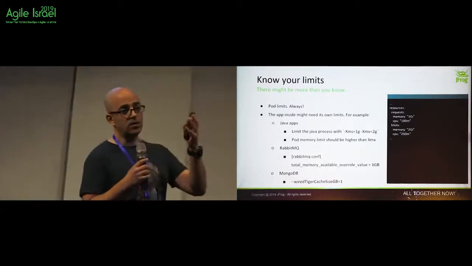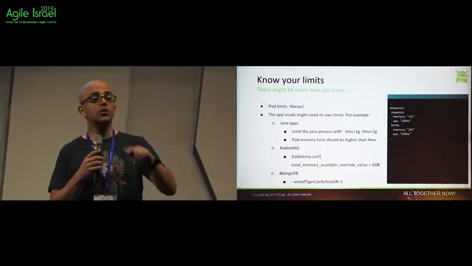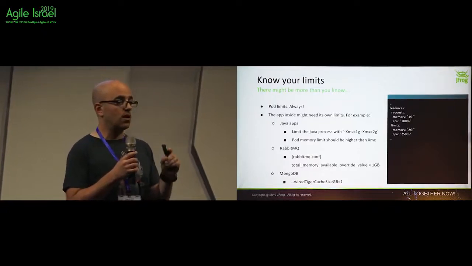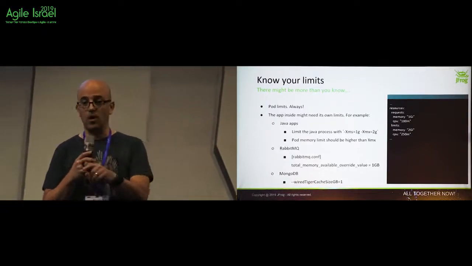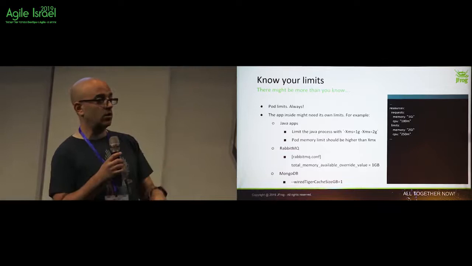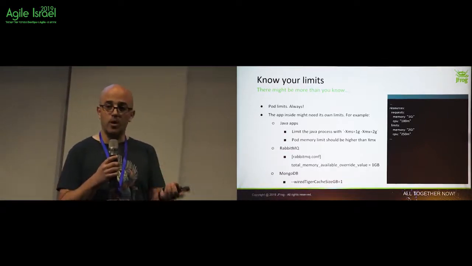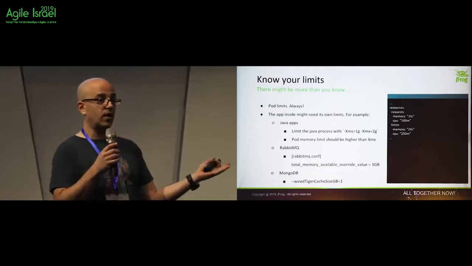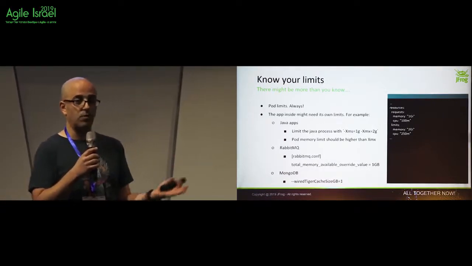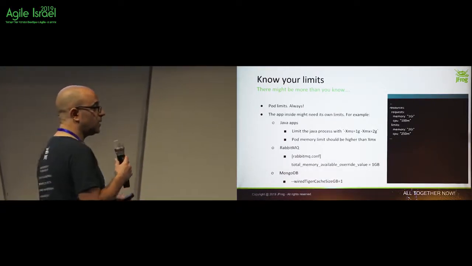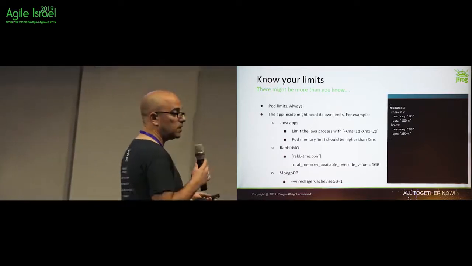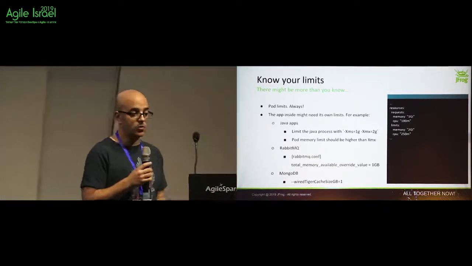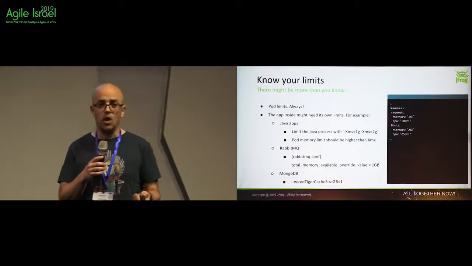Up to recent versions of Java, Java wasn't aware of the resources given to it by the container because it was querying the kernel underneath. So a Java process running on a Kubernetes node would think that the whole 64 gigs of memory is available for it. So you'd limit it on the pod level, and you would limit it on the Java process with the Xms or the Xmx.